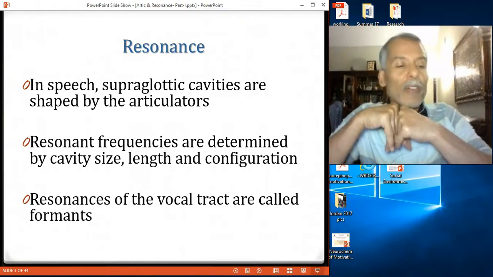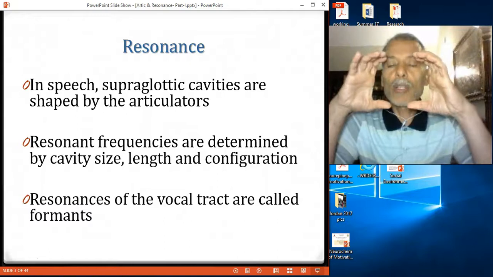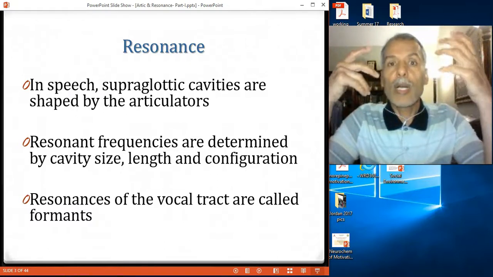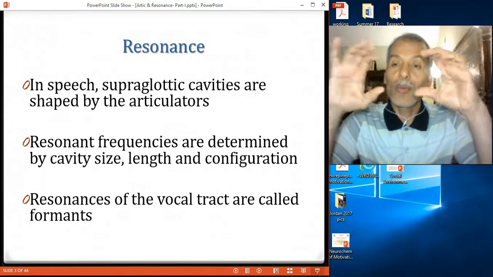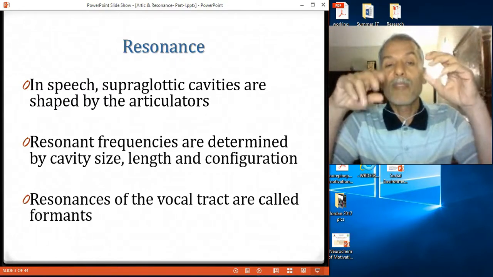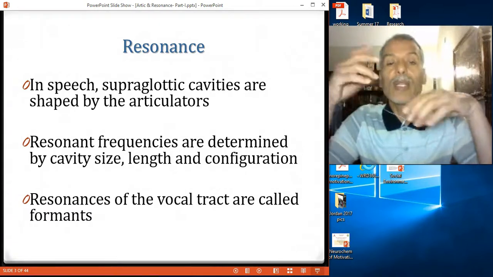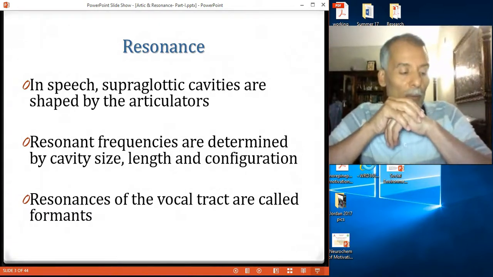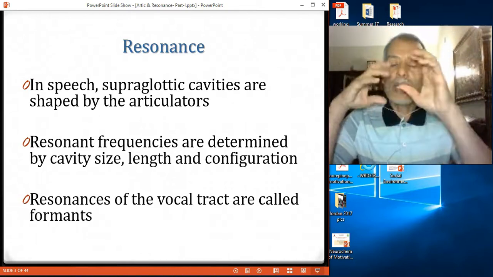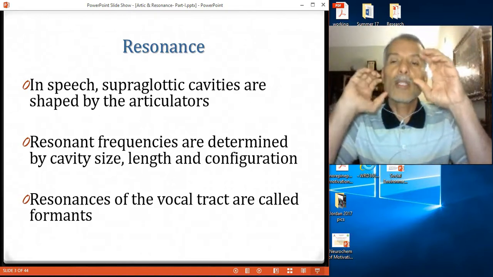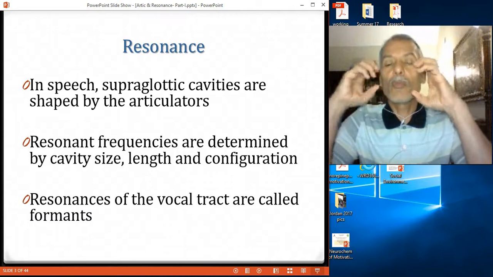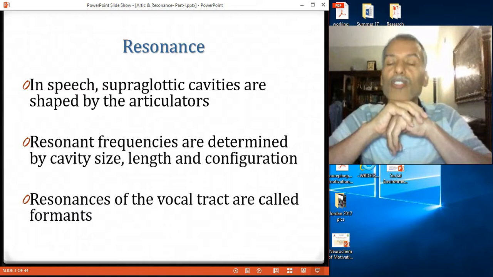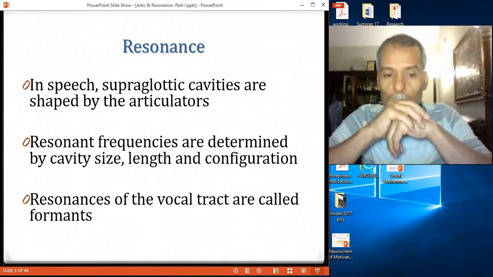For example, if you have a container that is circular or spherical, it will give you a sound that's very different than one that's cylindrical. And if you have two tubes connected to one, they will give you a different tone. So configuration is how the whole vocal tract is modified all along it, in terms of width, constrictions, constriction points and so on.